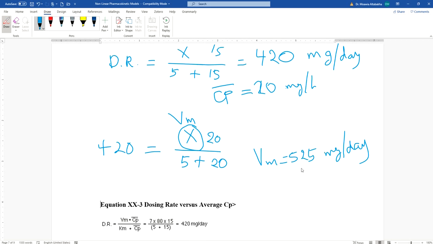So use this new value again to calculate the new dosing rate. The new dosing rate is equal to VM times CP over Km plus CP, with VM being 525. What is your target? Your target is not 20, your target is 15.